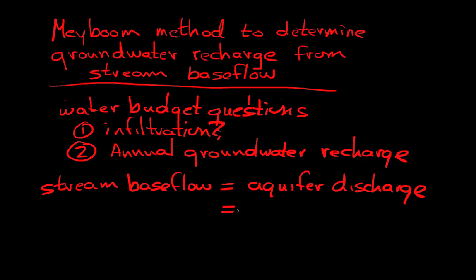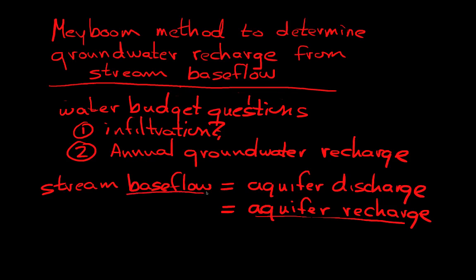And aquifer discharge is going to be equal to the aquifer recharge. So you see there's a direct connection here between the amount of water that recharges an aquifer and the amount of water that comes out in the base flow.